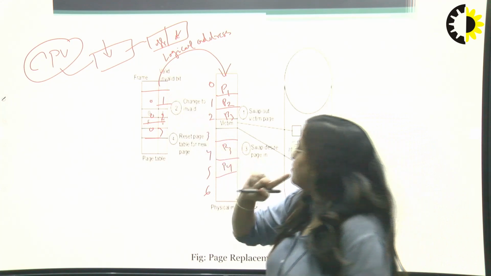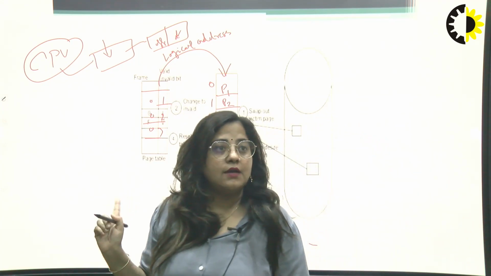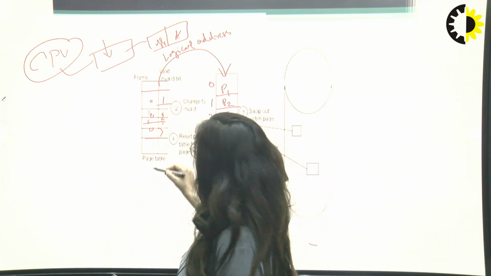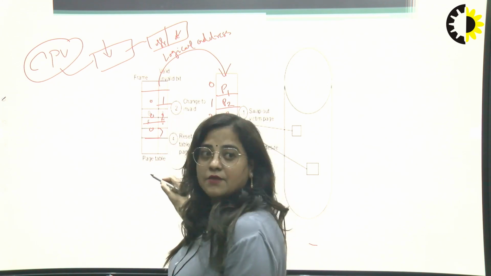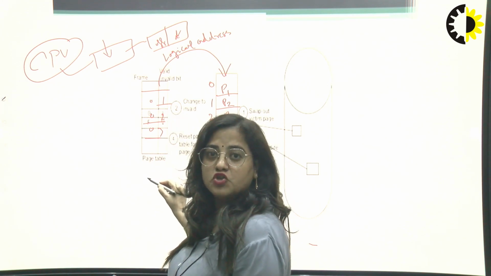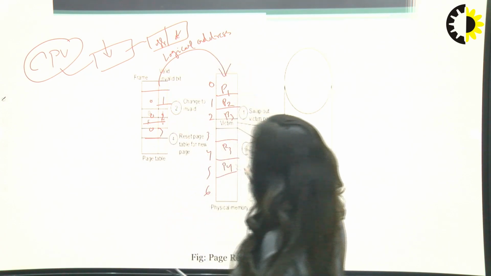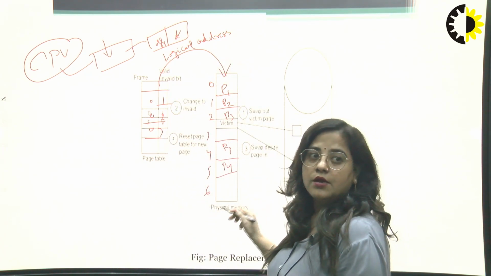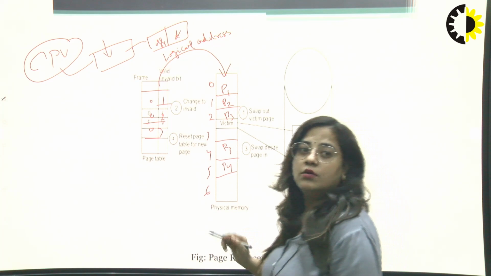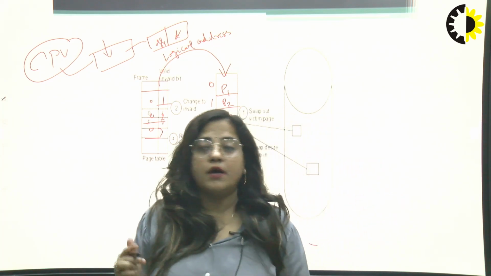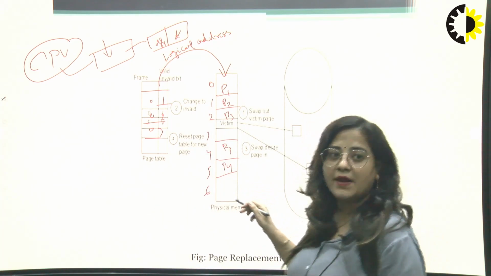Now the CPU demands P5, but we check whether there is any frame where P5 is stored, and it is not. The page is not found here.